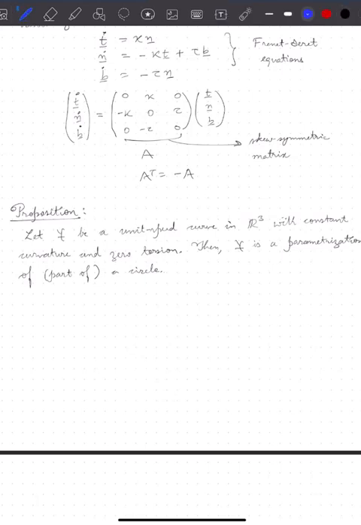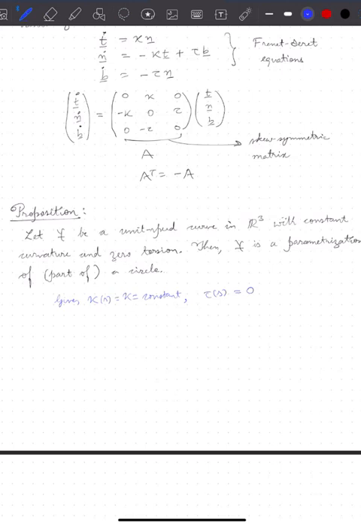Yeah, let's discuss this a little here. Given that kappa of s is constant and tau of s is zero, there is no torsion anywhere. So kappa of s is constant, so we can represent it simply as kappa without any argument.